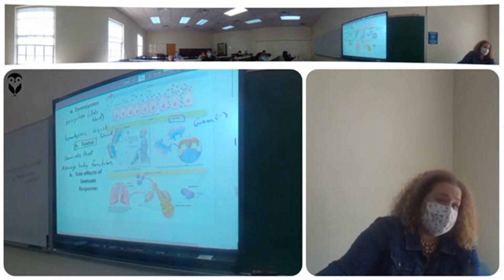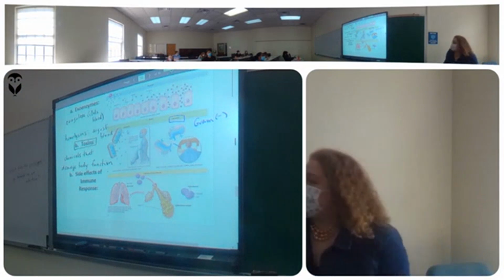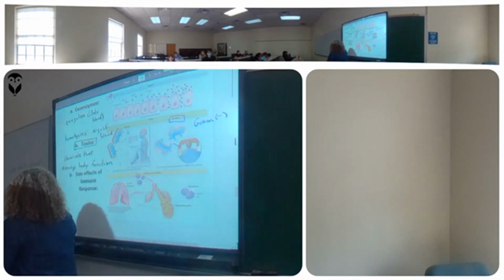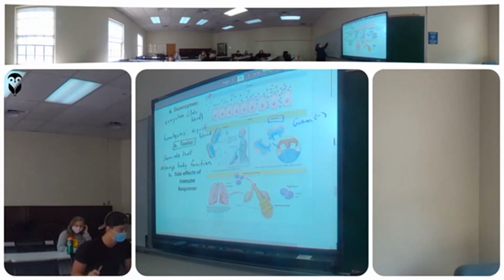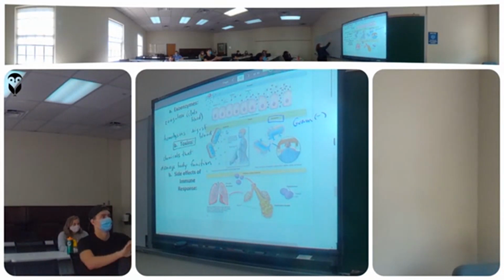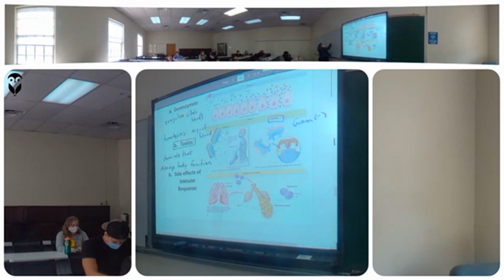Exotoxins are released outside of the cell on purpose. Let me erase that, and maybe I'll write this on the sideboard. Exo versus endo. The same thing goes for the exoenzymes. They're sent outside of the cell to cause damage.